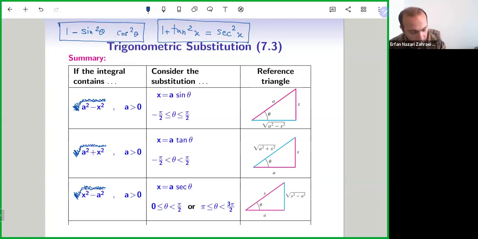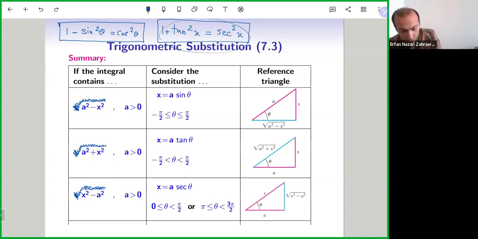So the other identity was 1 plus tangent squared equals secant squared. If I have a constant plus something squared, I use tangent as my substitution, to get 1 plus tangent squared, or constant plus tangent squared, and I use this identity to write it as secant squared.